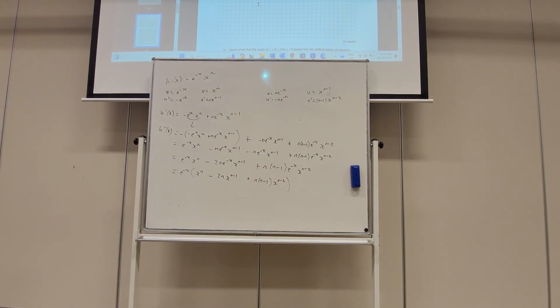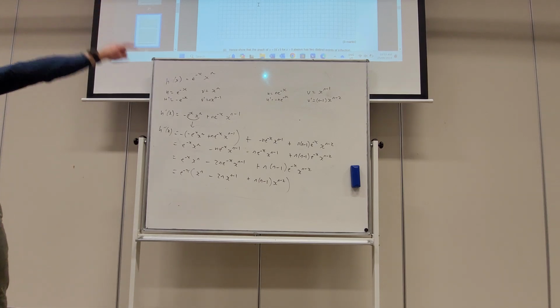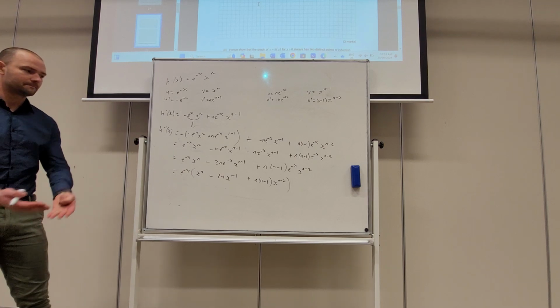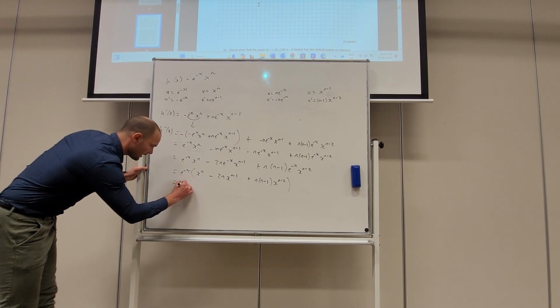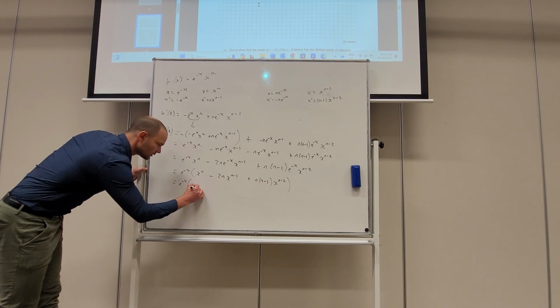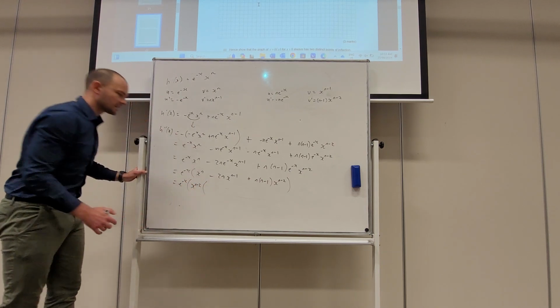Okay, so you can see what we have is really starting to look pretty close to what they've got up there. The only other thing they've done is factorize x to the n take 2. So let's do that and explain why.